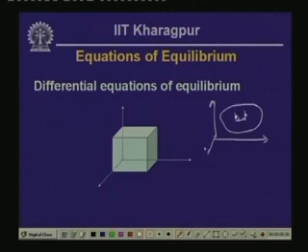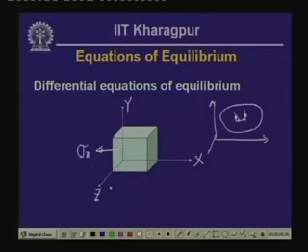Now, as usual, we call this axis the x axis, this the y axis and this the z axis. On this particular plane, the normal to which is parallel to x, which we have as the x plane, we have the stresses: the normal stress sigma x.